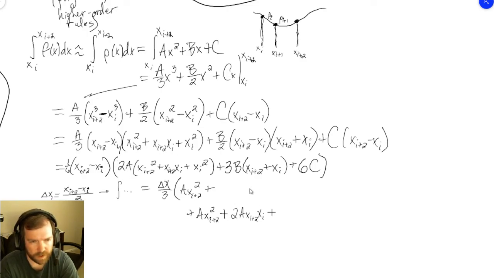So we're going to get an a. We're also going to get an a x sub i squared over here and an a x sub i squared over here. Now this, very conveniently, makes a sum of squares.